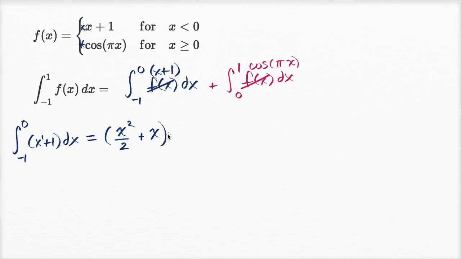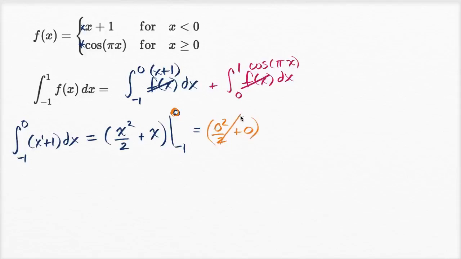And I'm going to evaluate that at 0 and subtract from that, it evaluated at -1. If I evaluate it at 0, it's going to be 0 squared over 2 plus 0.